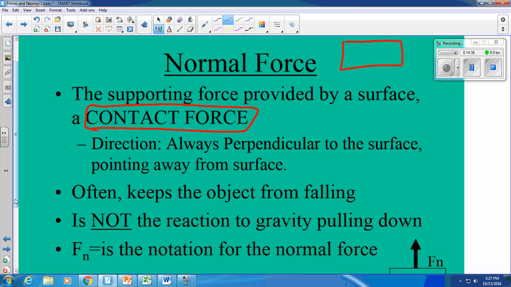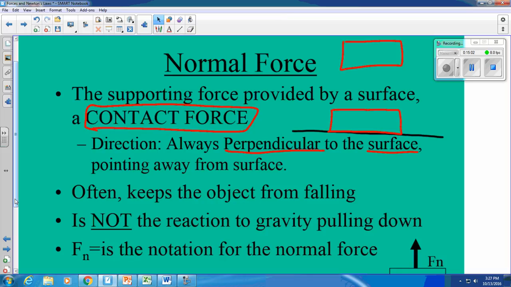However, as soon as it's in contact, let me draw my beautiful ground here, and now I put that same box on the ground. We now see that the box is in contact with the ground. It is a contact force. Now, where is that force then? Well, the direction is always perpendicular to the surface.